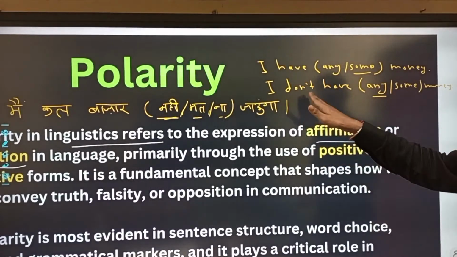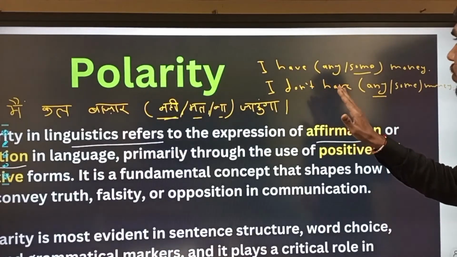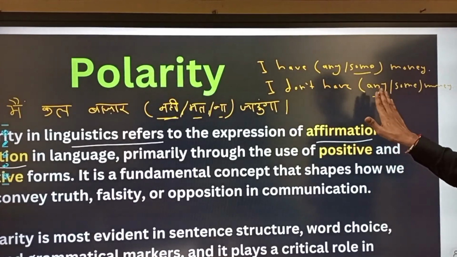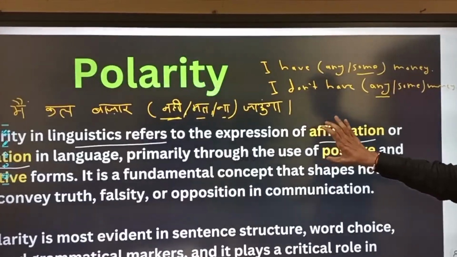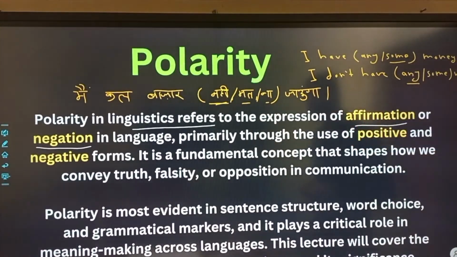On the contrary, we cannot say I don't have some money, rather we say I don't have any money. So accordingly, we use polarity, these negative markers and positive words, in sentences.